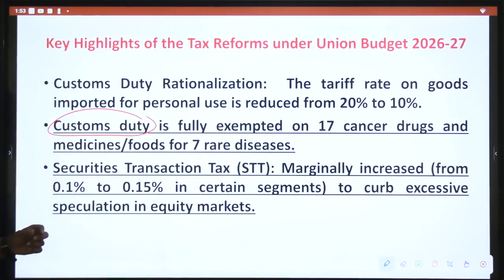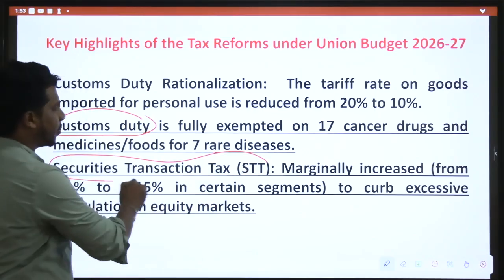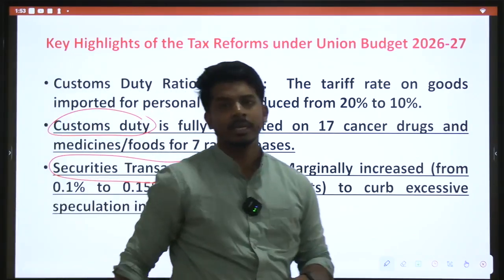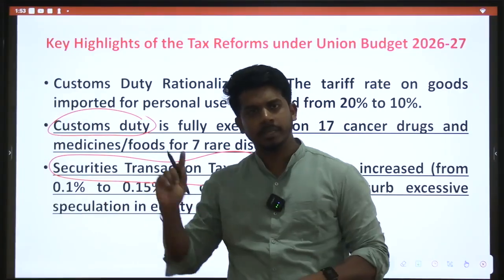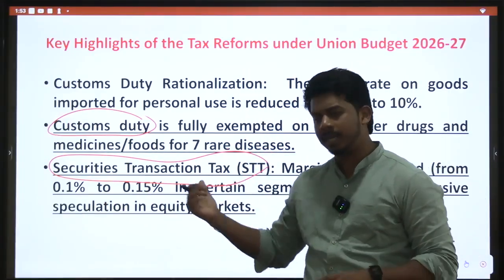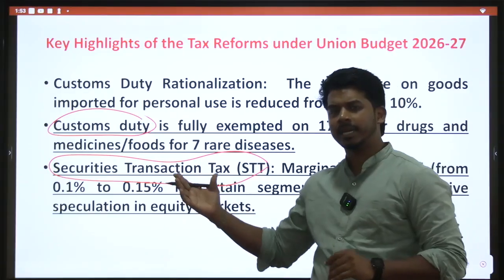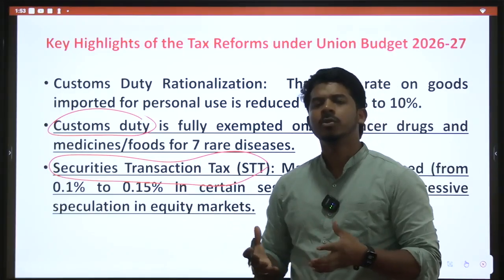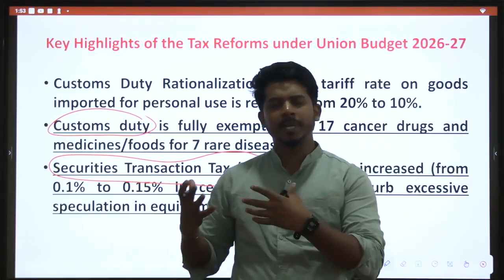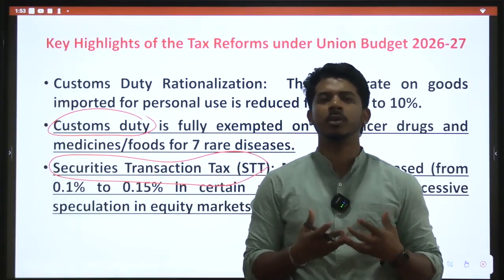Then there is something called Securities Transaction Tax, STT. We have seen it is a direct tax receipt. What is Securities Transaction Tax? In the financial system chapter in economy, you will read about something called securities. What are securities? These stocks, derivatives, etc. are all called securities.